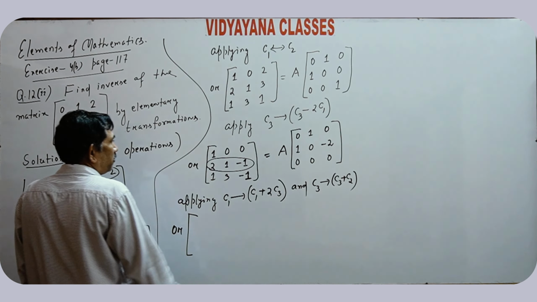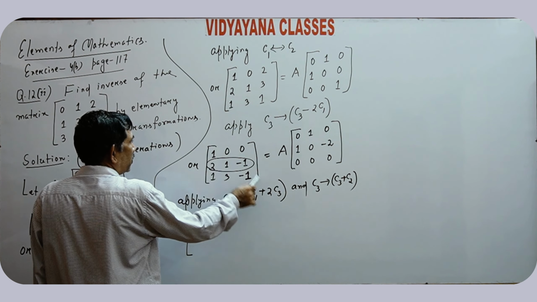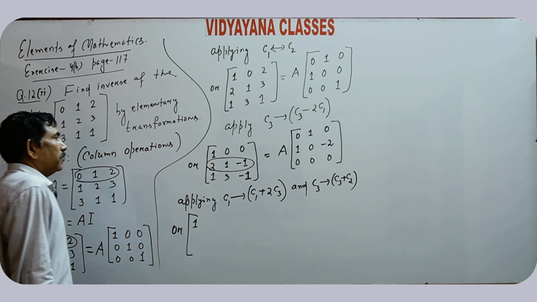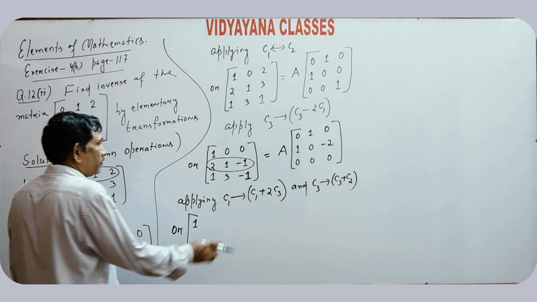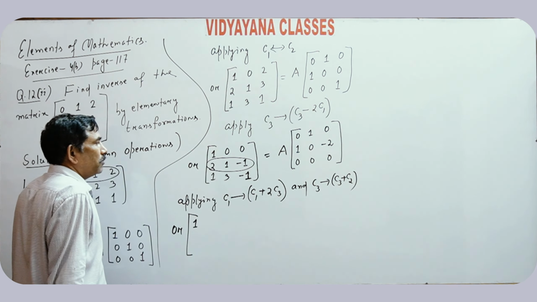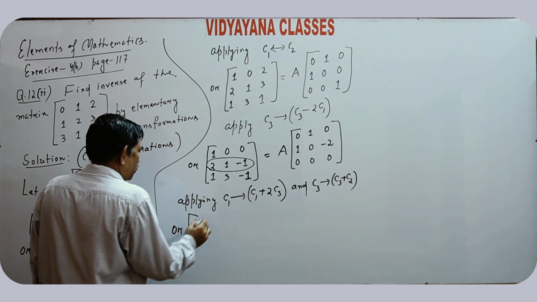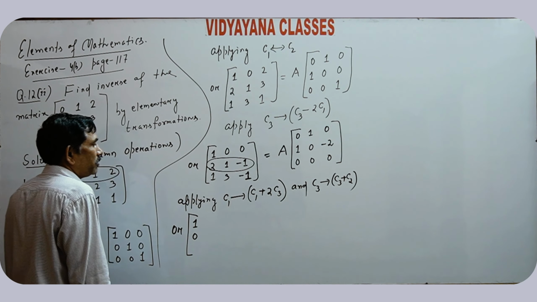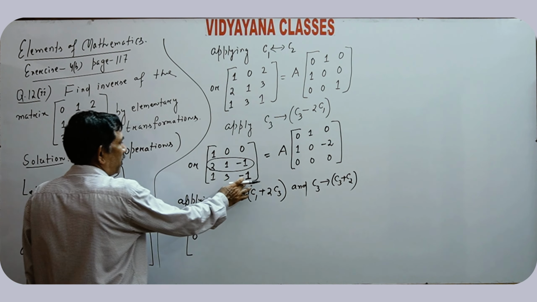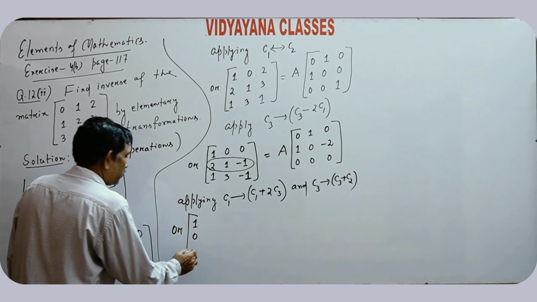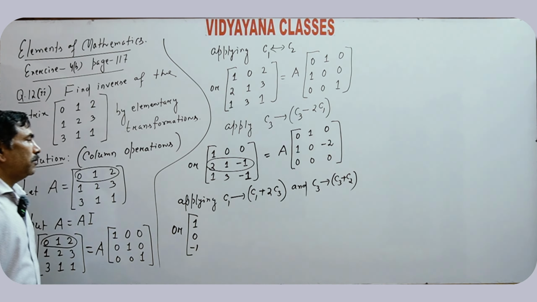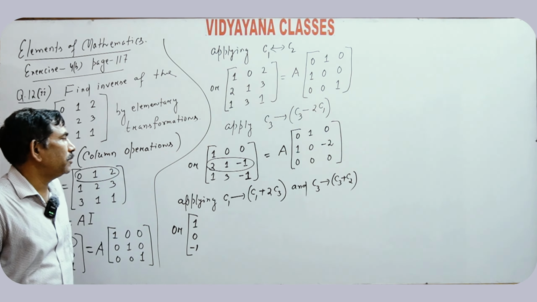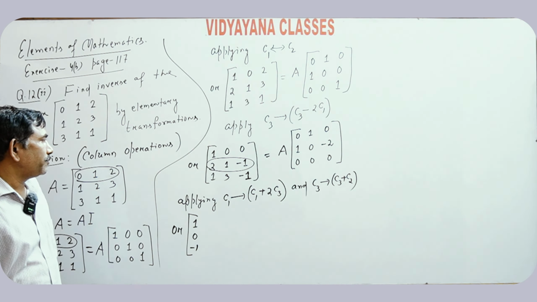It gives column 1 replaced by column 1 plus 2 times of column 3, that is 1, 2 plus 2 times of minus 1, that is equal to 0, 1 plus 2 times of minus 1, that is equal to 1 minus 2, that is equal to minus 1.